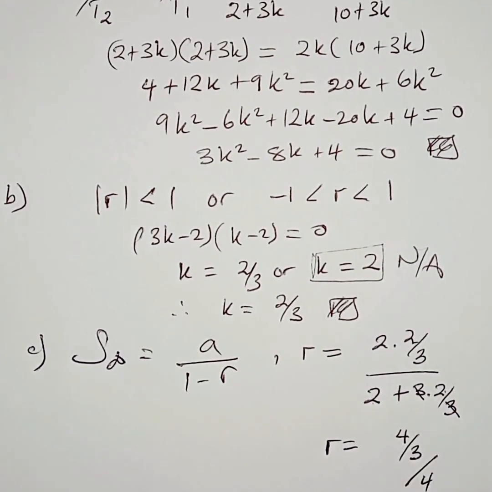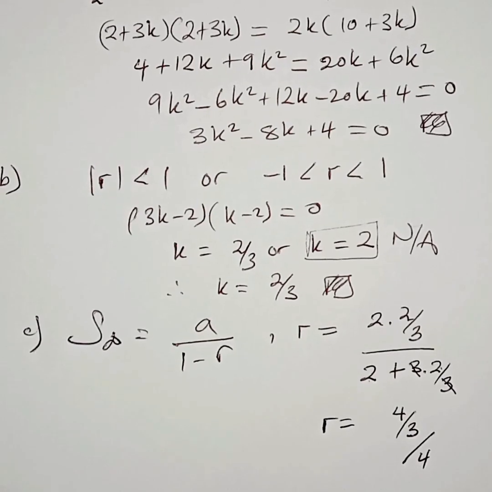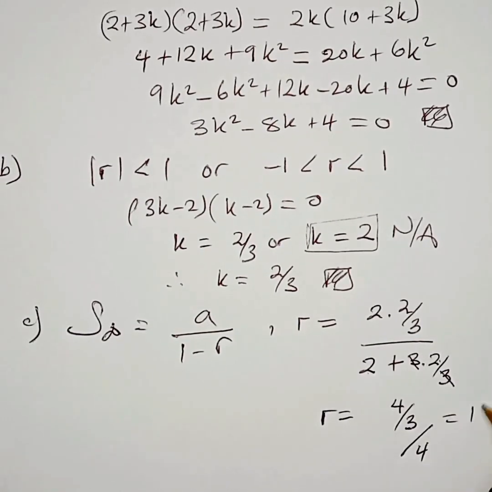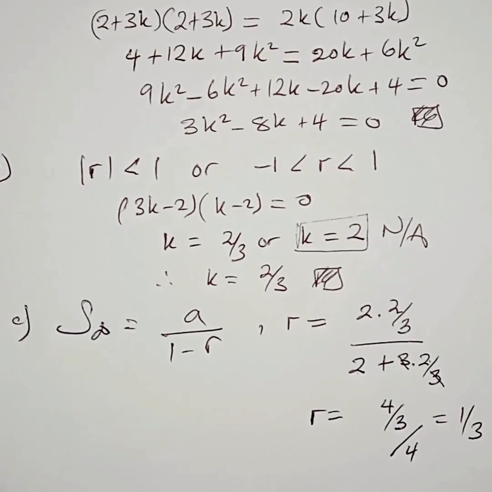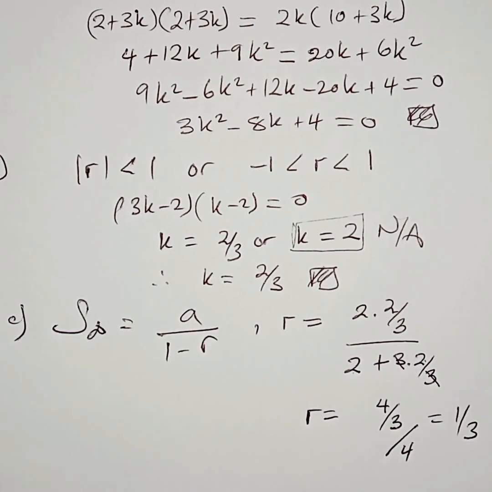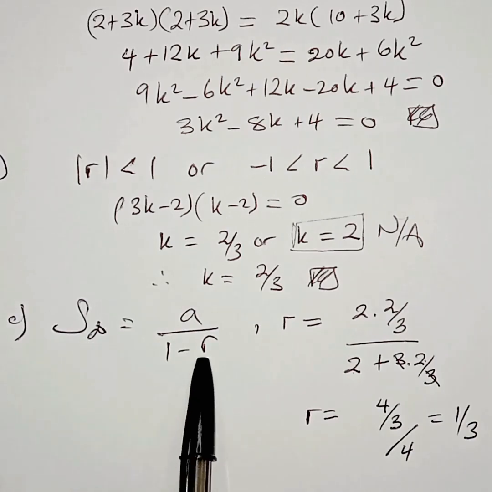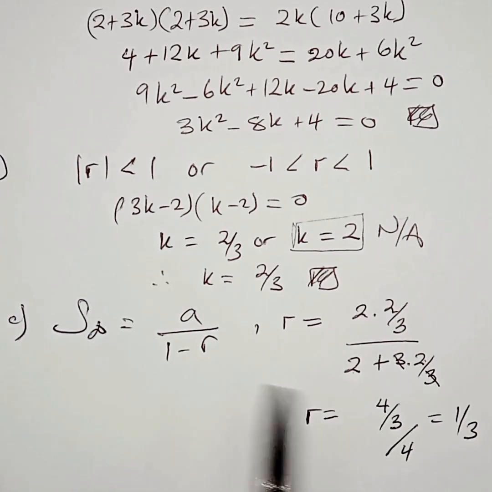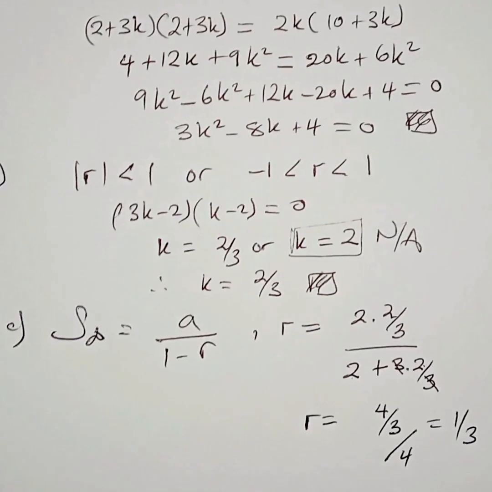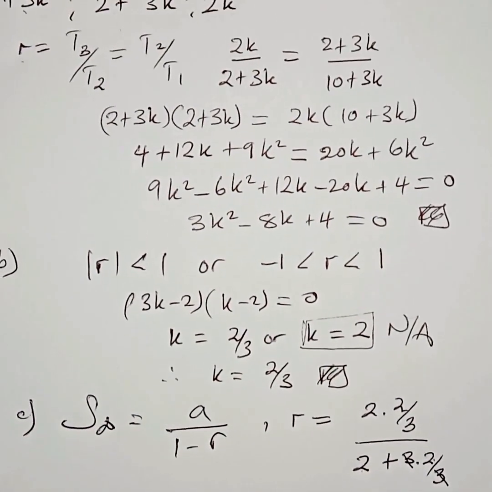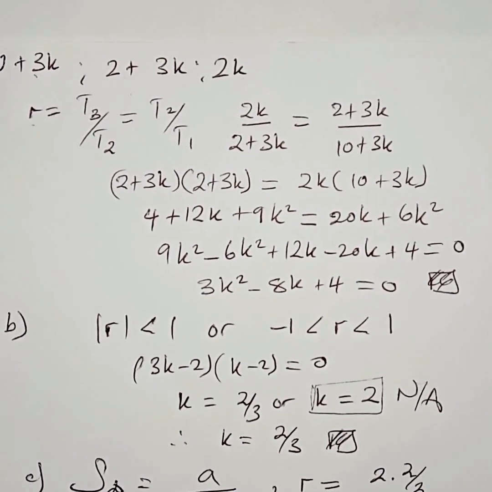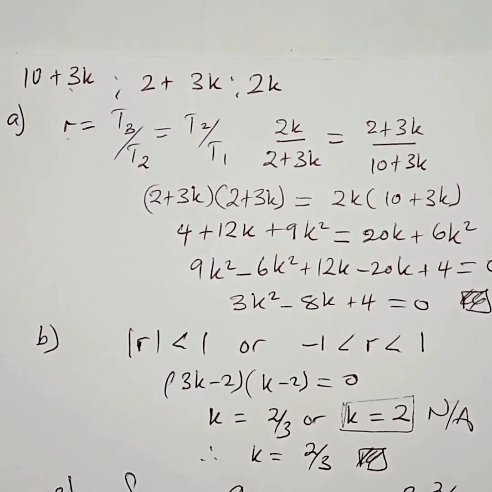And we are going to say now r is equal to 1 over 3. Now that will be very easy for us to find the sum to infinity because we now have the value of r. But we can look for the value of the first term, which is a. And we are saying from above, a is equal to 10 plus 3k, the first term, right here.